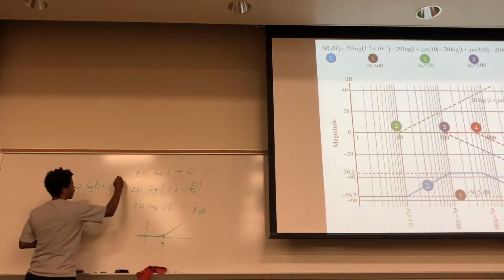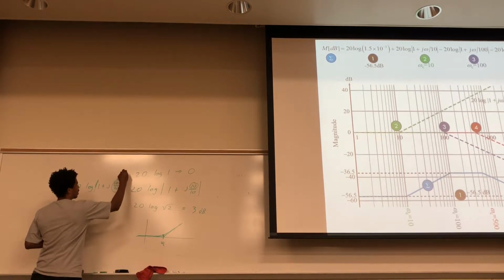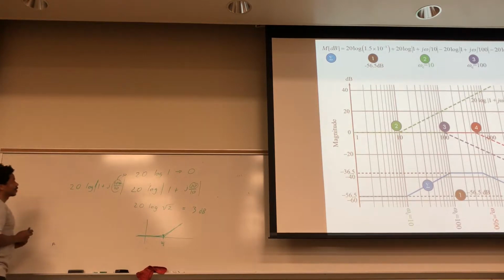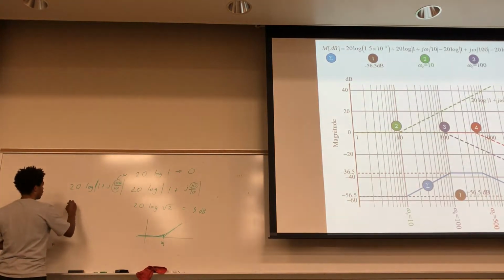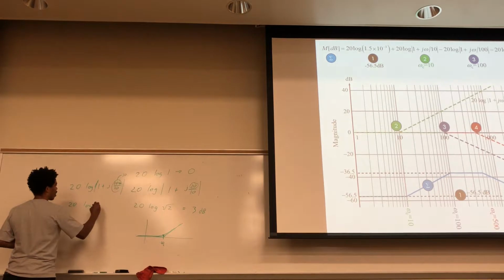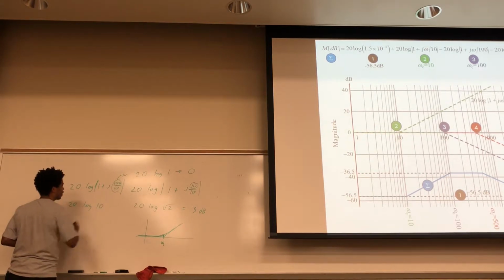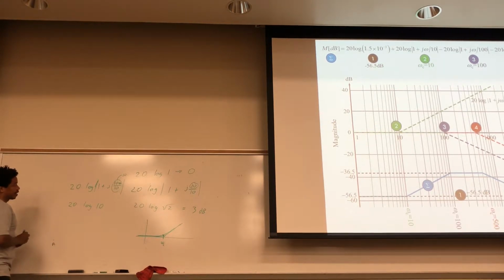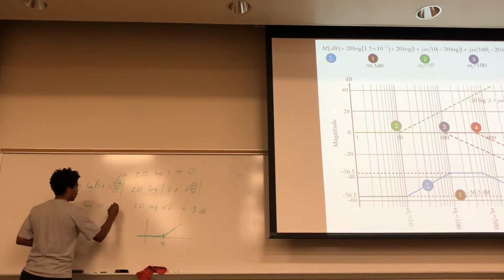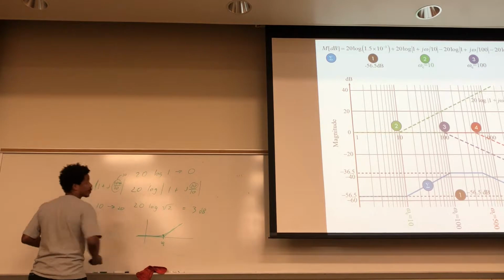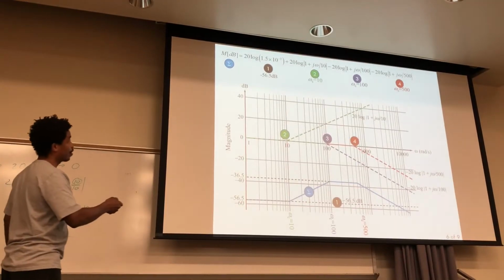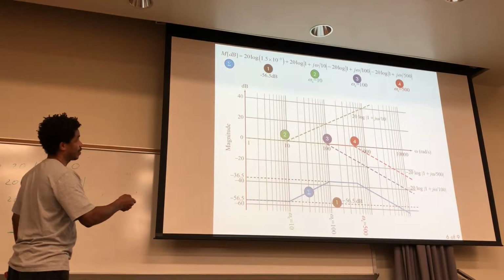Well, this piece right here is like 10. And so if you look at 20 log of 10 as your magnitude, then that's just 20 decibels. So that's why a decade over, that's sitting right around 20.